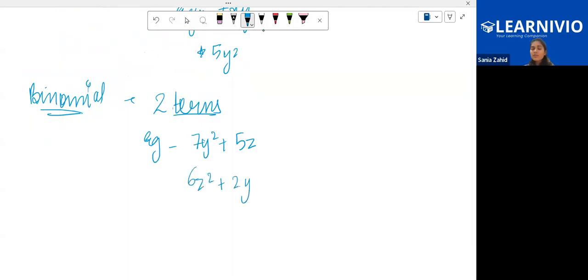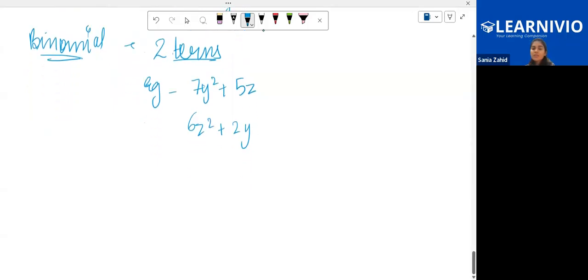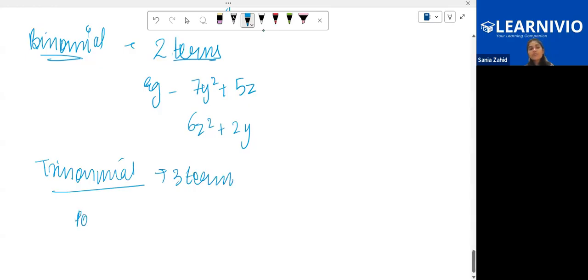This is also an example. Understood? Yes. Then you have a trinomial, which will have three terms, and then a polynomial, which will have more than three terms. Understood? Yes, ma'am.